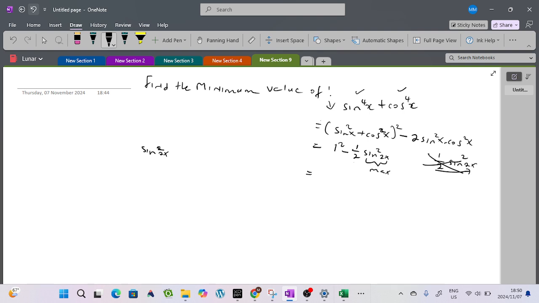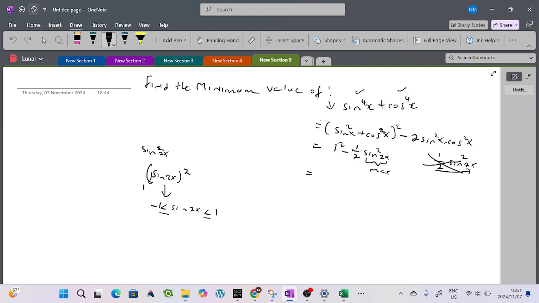Sine squared 2x is the same as sine 2x all squared. The inside part, sine 2x, is a trigonometric function. The coefficient is 1, so it ranges between 1 and negative 1.